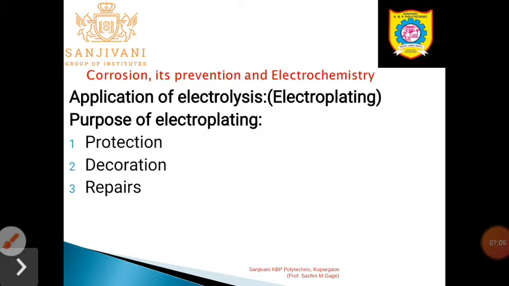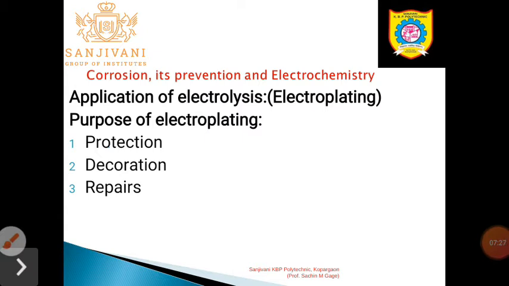And the third one is for repairing broken pieces of machine parts. Sometimes during the working life of the machinery, a part of the machine gets broken, due to, for example, friction, abrasion or wearing. Such broken parts or pieces of the machinery can be repaired by the electroplating process.